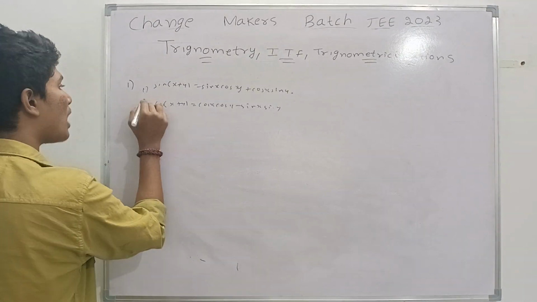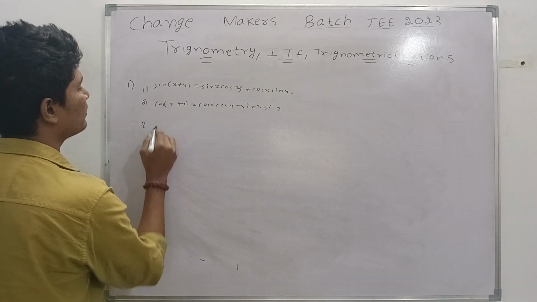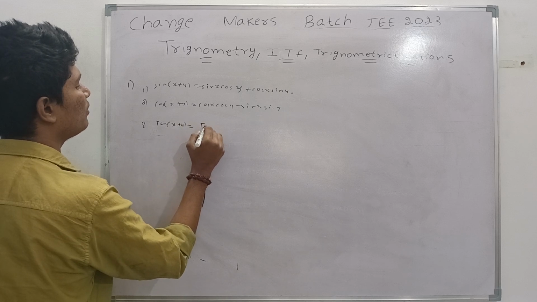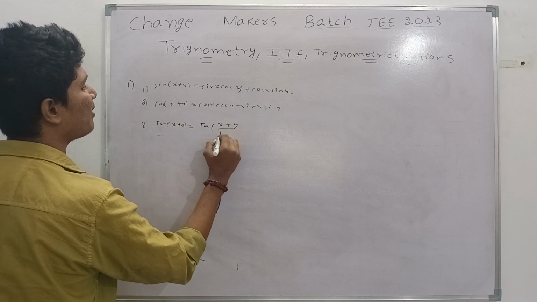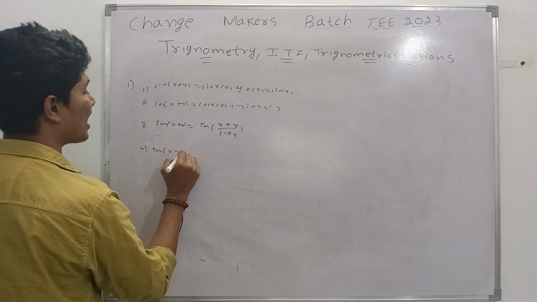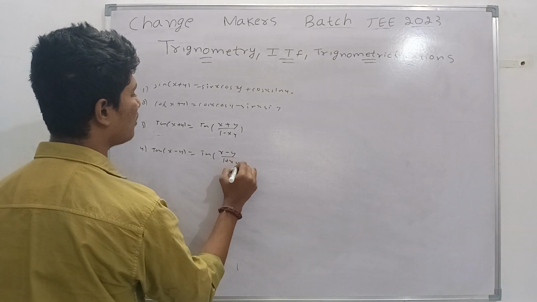These are all the things you have to understand. Next, tan of x plus y equals tan x plus tan y divided by 1 minus tan x tan y. Next, the fourth one, tan of x minus y equals tan x minus tan y divided by 1 plus tan x tan y.